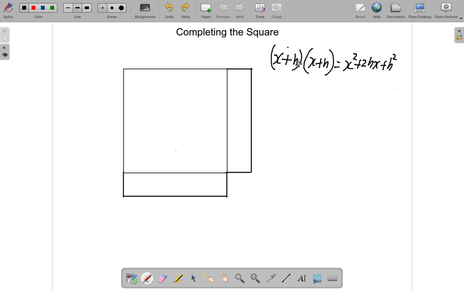When you multiply out x plus h by x plus h, you can try that, you get x squared plus 2hx plus h squared.